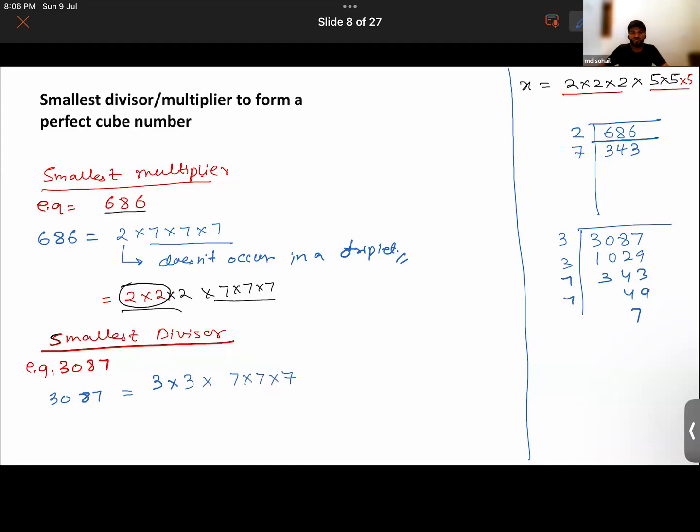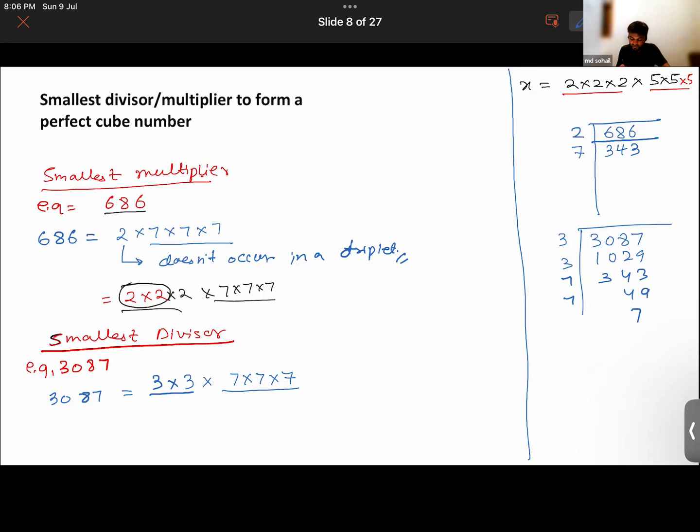Okay. So now in this case, we see obviously the number is not a perfect cube because 3 occurs in a pair of 2 while 7 is occurring in a triplet. If the number 3 was in a triplet, it would have been a perfect cube.